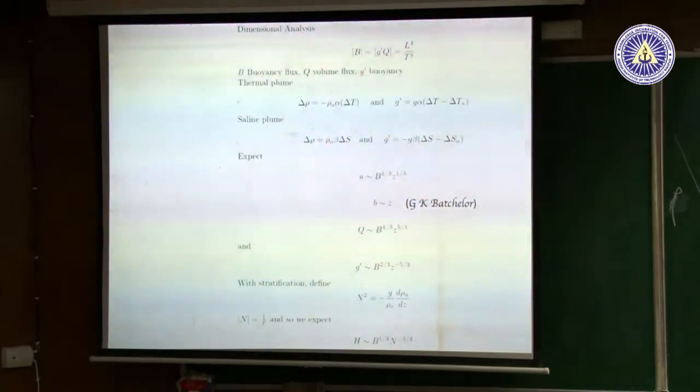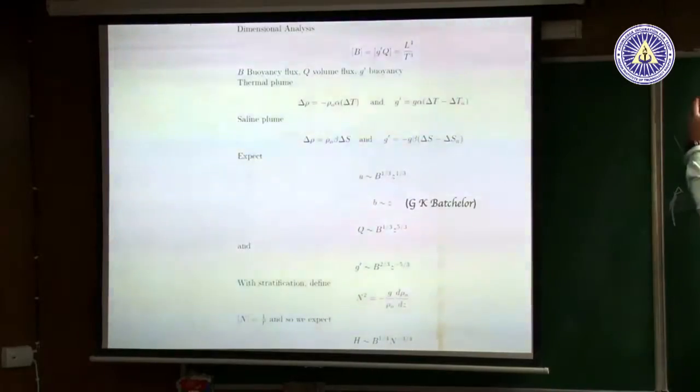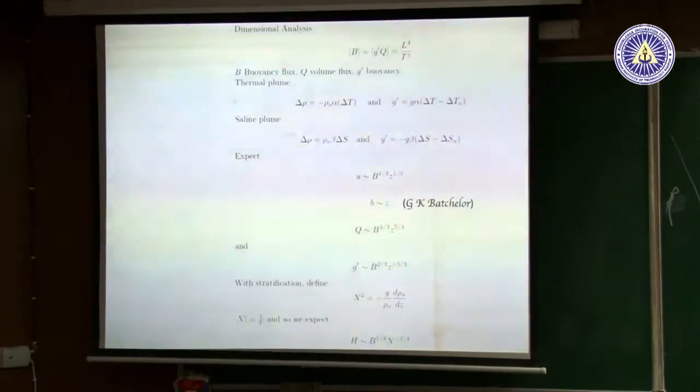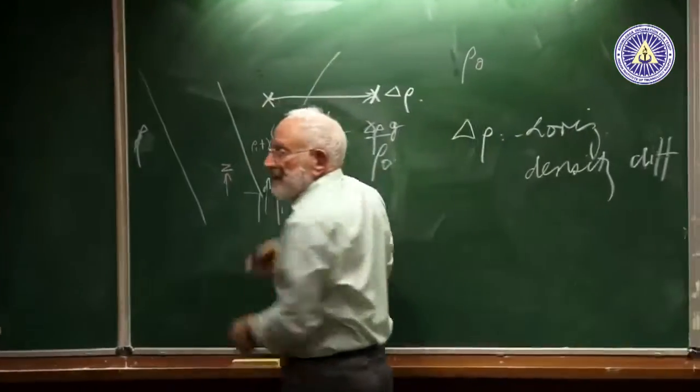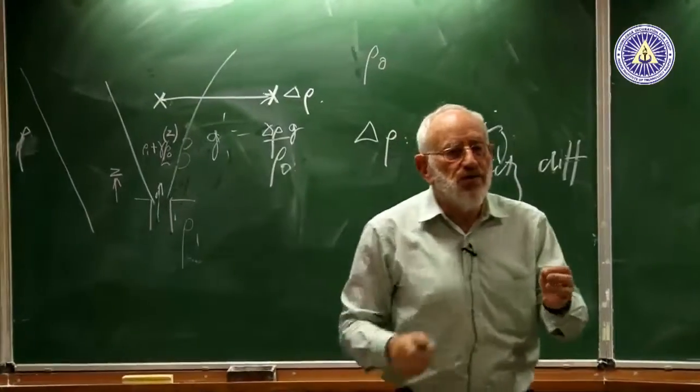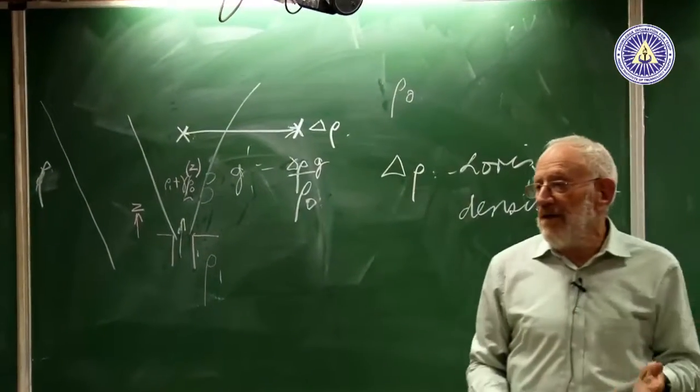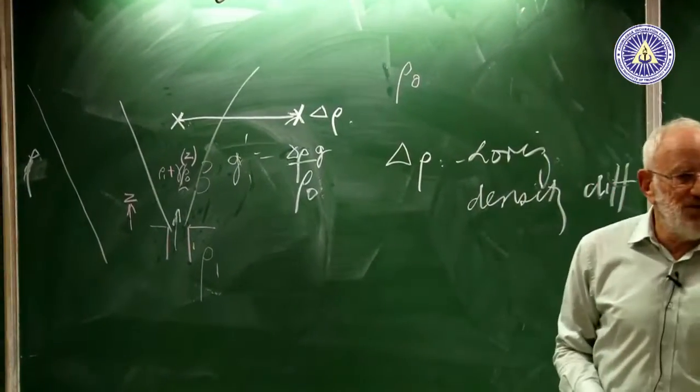And what George Batchelor realized in this lecture is that it has to be a linear spread, because that's the only way you can get a length on both sides. Of course, it's not absolutely correct. There are turbulent eddies and everything here, but if I told you the details of the turbulence, I'd be here forever and I wouldn't be able to do it totally.